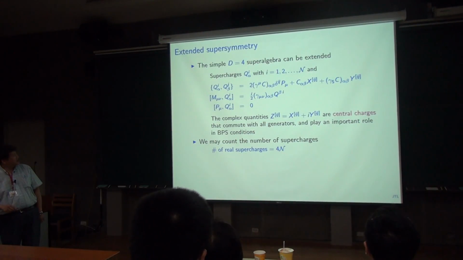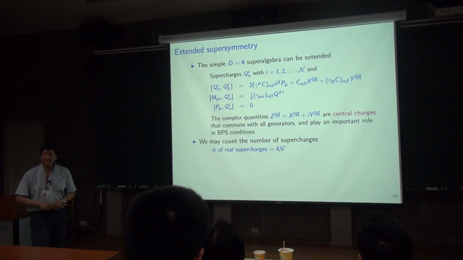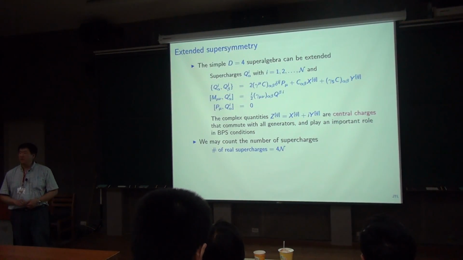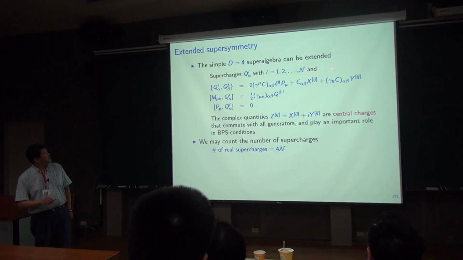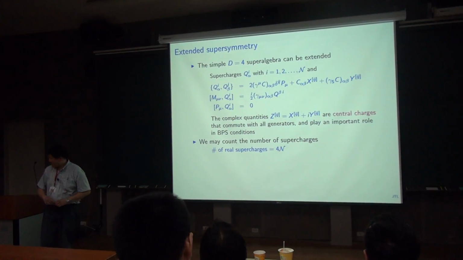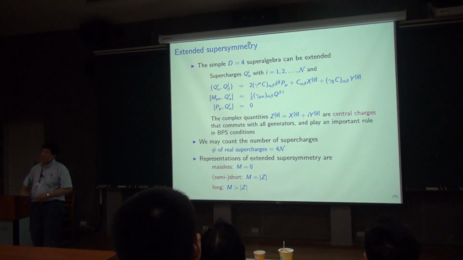And this theory over here basically has 4N real supersymmetry components. So 4N real supercharges. And what I talked about before was N equals 1, basically. Now, I won't go through the representation theory of this, but just to state that because I have a more complicated right-hand side of the algebra, if the central charges are not equal to 0, I can end up with fancier representations.